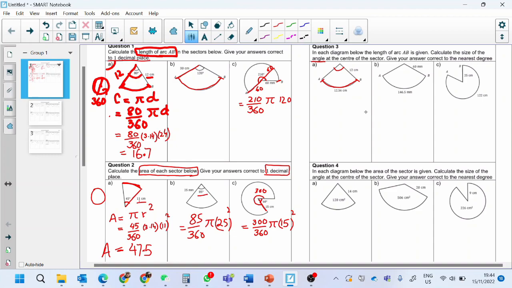The formula for the length of an arc is angle divided by 360 times pi times d.